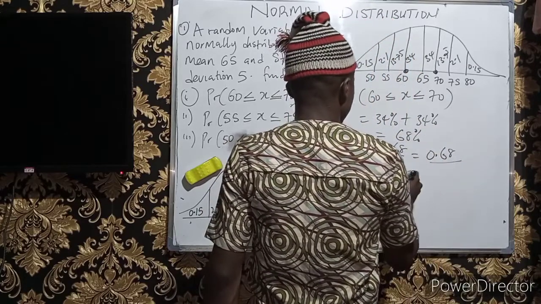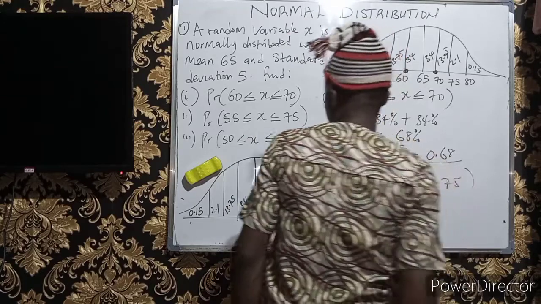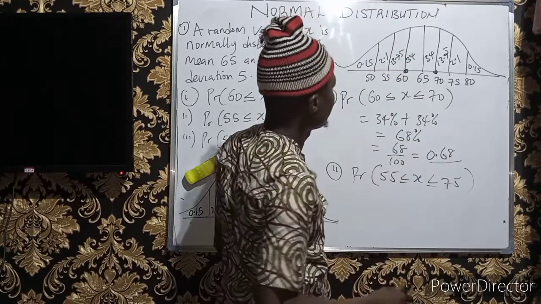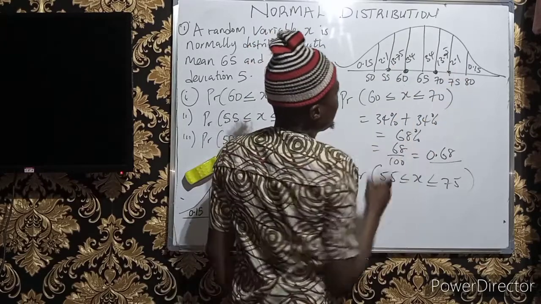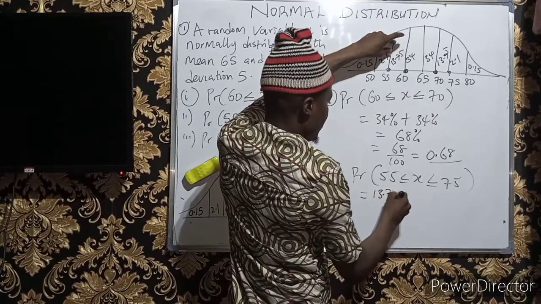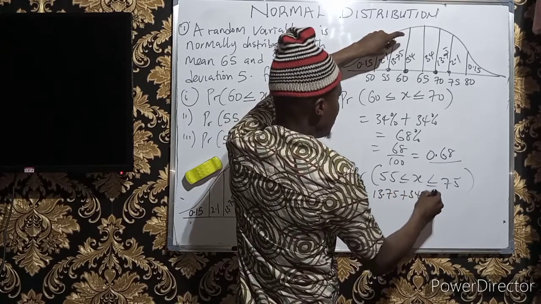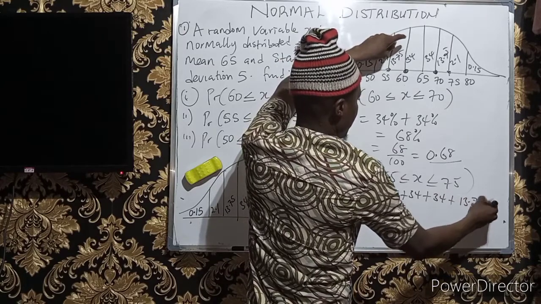For the second one, we are told to get the probability of 55 less than x less than 75. That is from 55 to 75. That is, we should add from here to here. That's the implication. So it's going to be 13.75 plus 34 plus 34 plus 13.75.